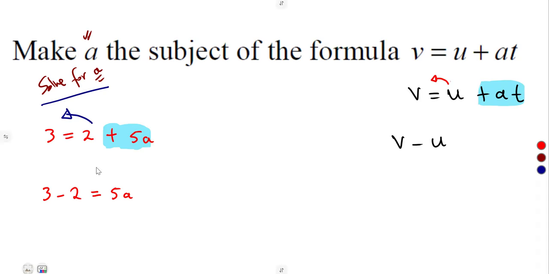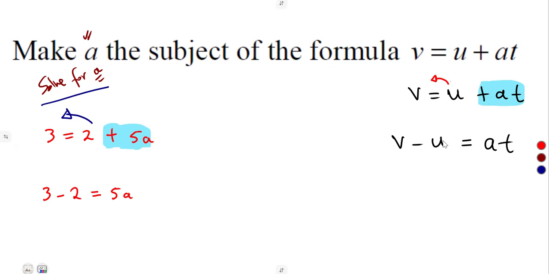V minus U, 3 minus 2. The moment it crosses the equal sign, it changes. Even the letters follow the same thing. So this must be equal to 5A, where we have a positive. Just ignore that, it's a positive.